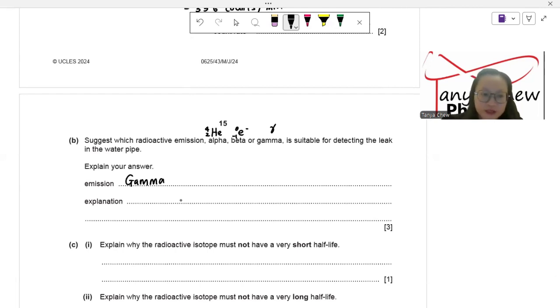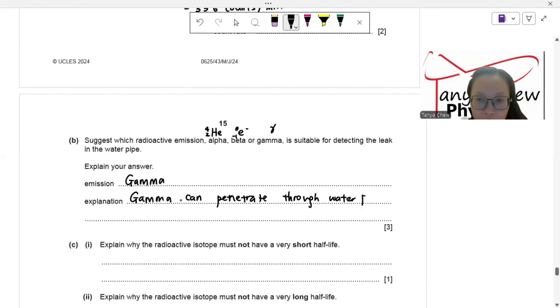That is why I need to use gamma, because gamma can penetrate through the water pipe. Gamma has a strong penetrating power.